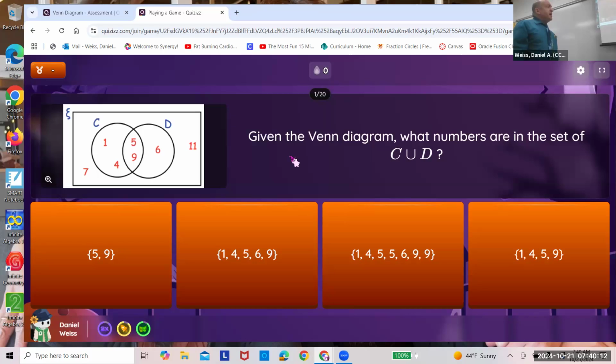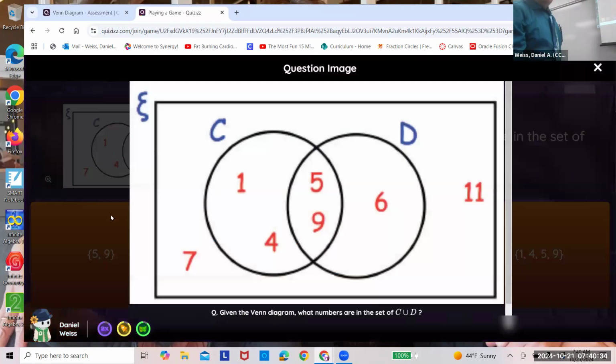So here it says, given the Venn diagram, what numbers are in the set of C union D? U means the union, the combination, both together. All right. So what numbers are in both C and D?